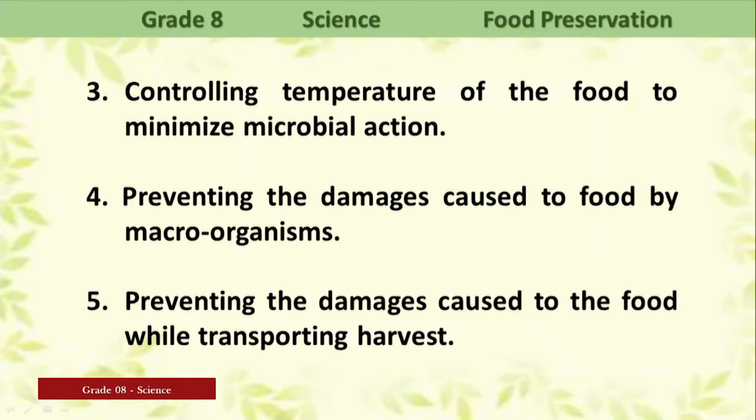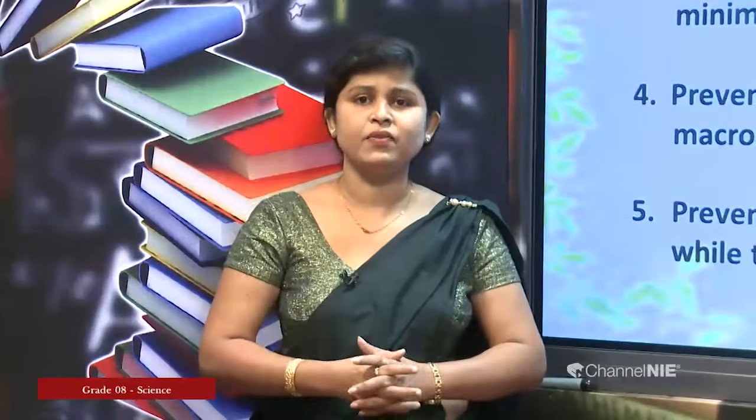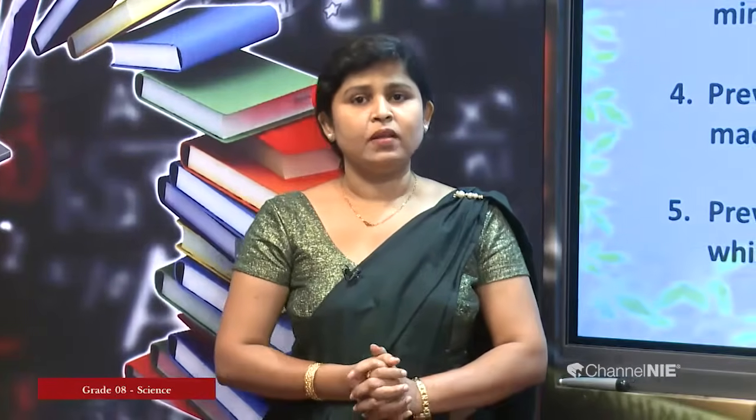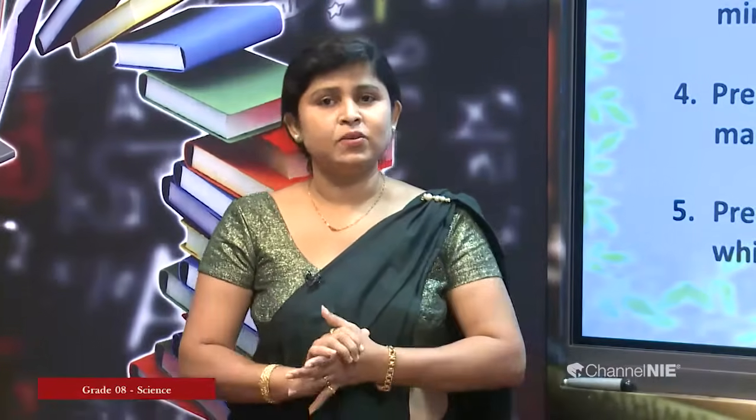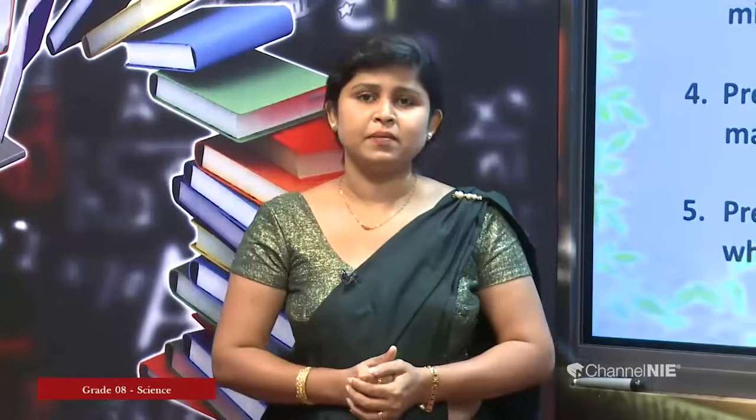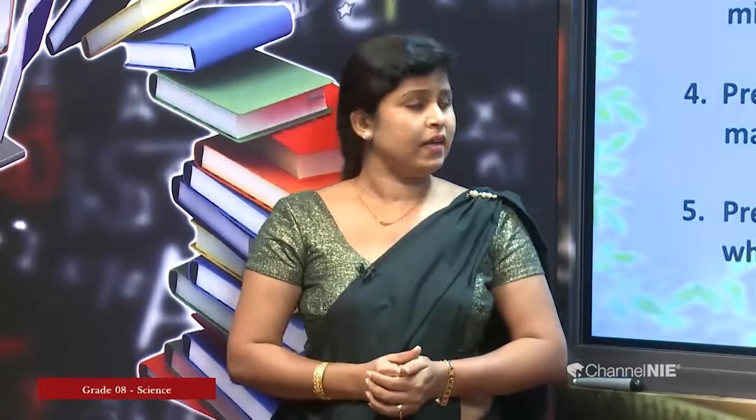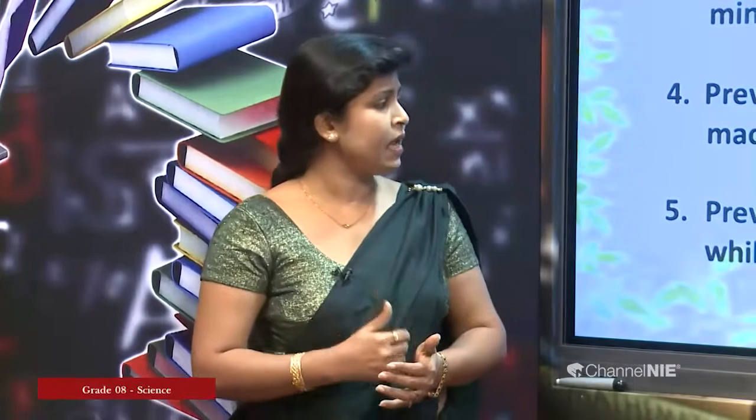Preventing the damages caused to the food while transport in harvest. You know, from harvest to the market, there are a number of instances where the food items can be damaged. The food items are subjected to cuts, bruises, lacerations, then scratches and bumps, right. So, those can be avoided.